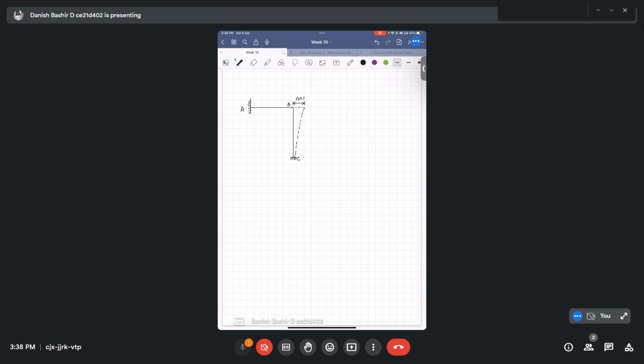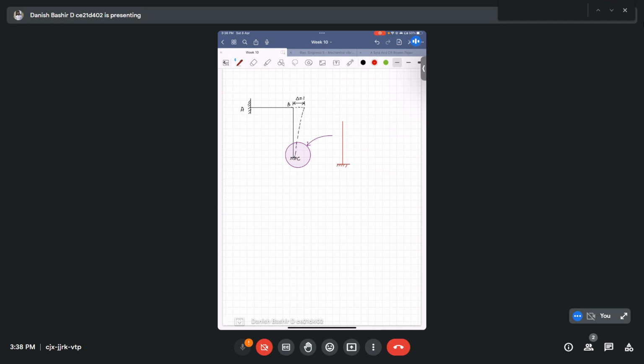So taking this elongation of this member, okay, taking this member only, I will draw it separately, it is like this.